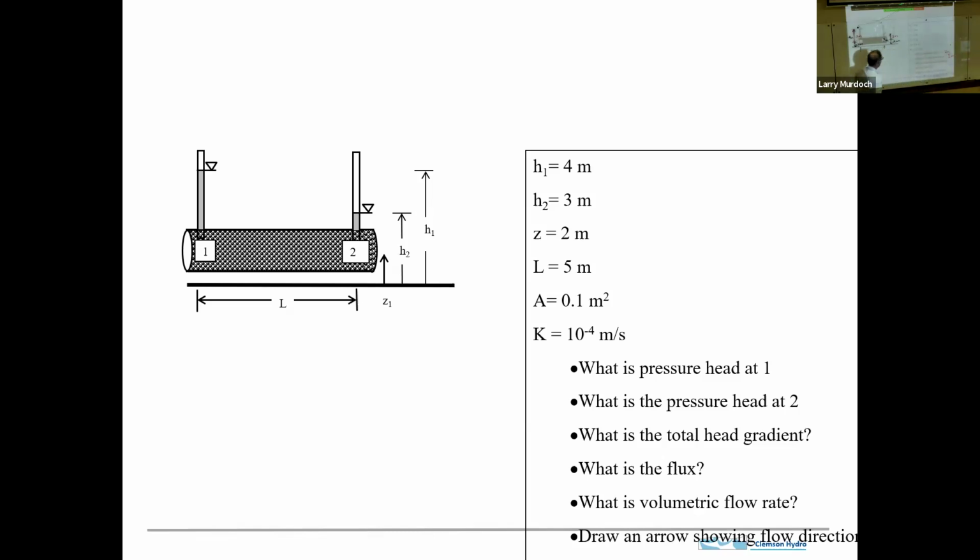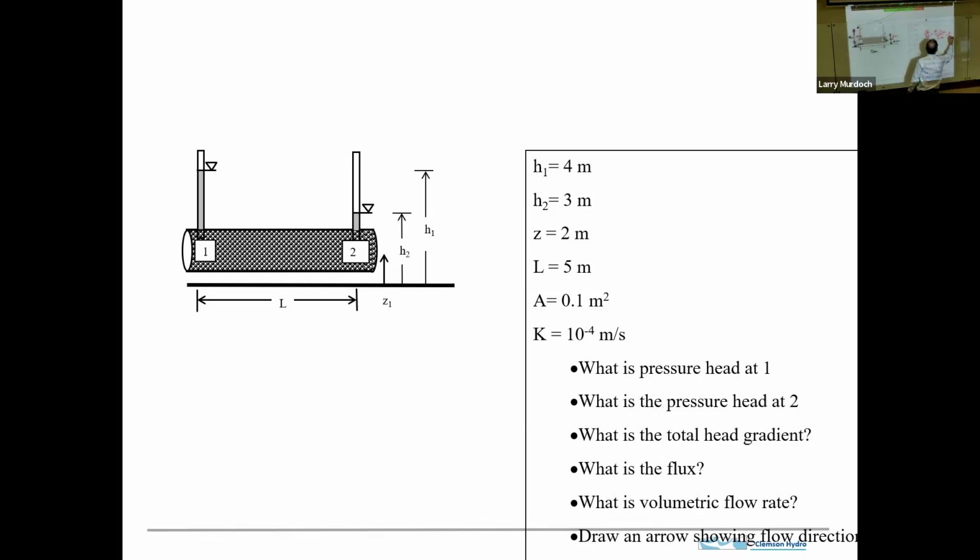And so the total hydraulic head gradient. Okay, so this is an important thing to remember. We have to get the total hydraulic head gradient using the total hydraulic head. We just calculated the pressure head, but don't use that for the total hydraulic head gradient. So the total hydraulic head gradient is the change of H, which would be just 4 minus 3 divided by 5 meters.